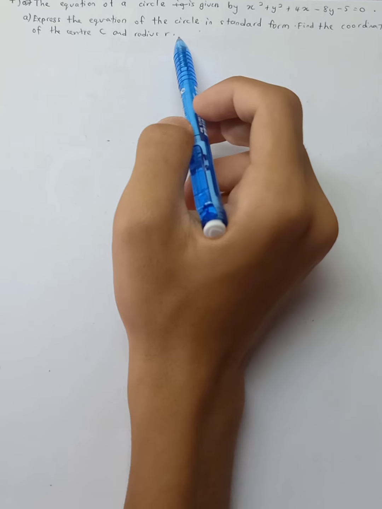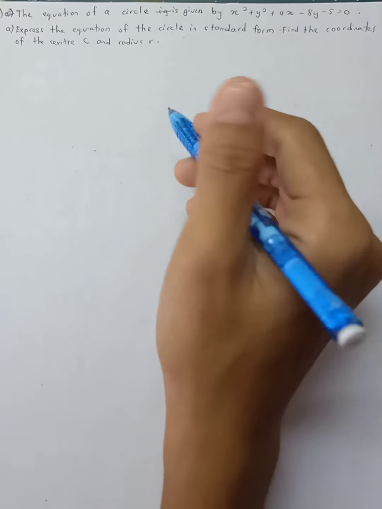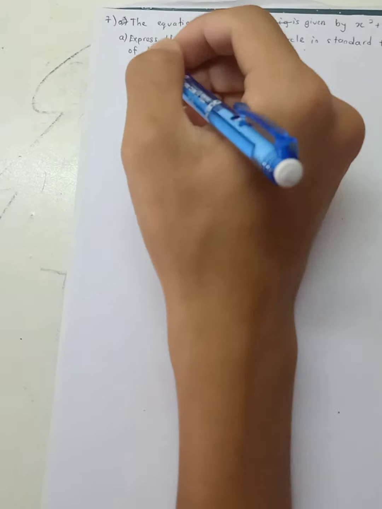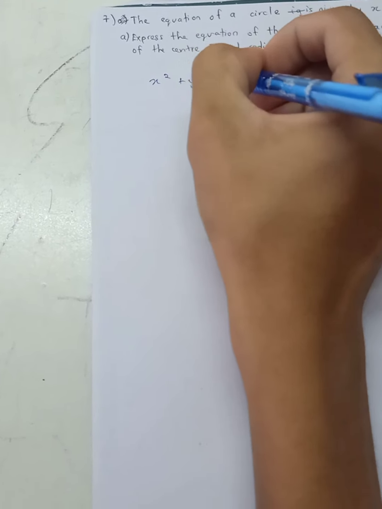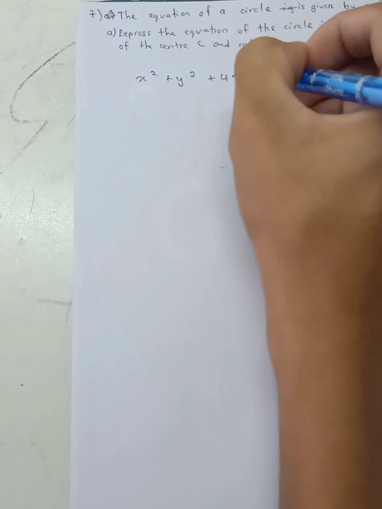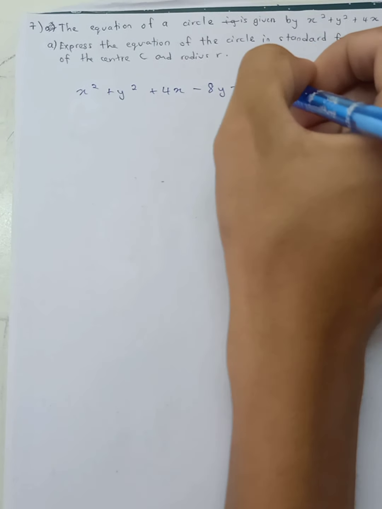So we need to express the equation in standard form. First, write the equation: x squared plus y squared plus 4x minus 8y minus 5 equal to 0.